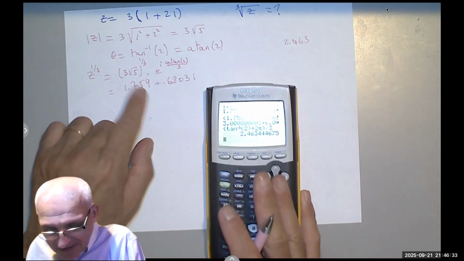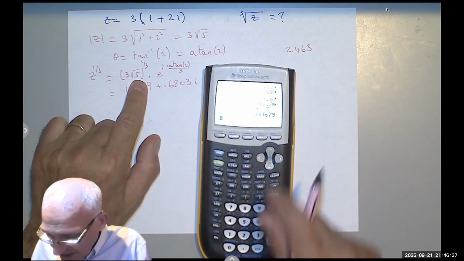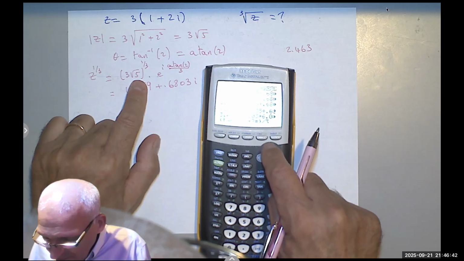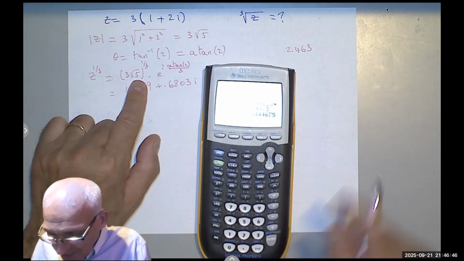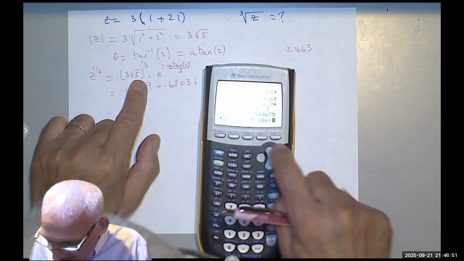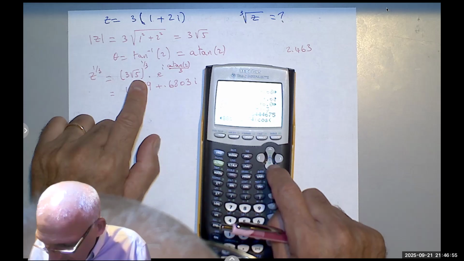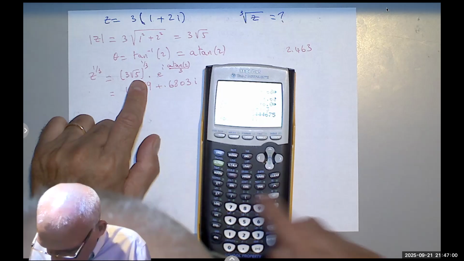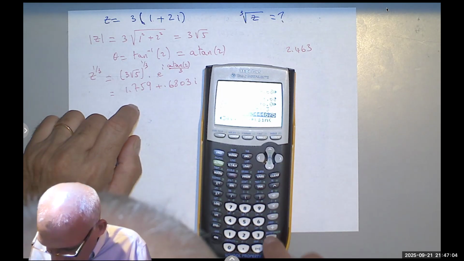Now, let's repeat that using this angle. So we are going to say 3 root 5, which we had before, multiplied by cos of this angle plus i sine of this angle.